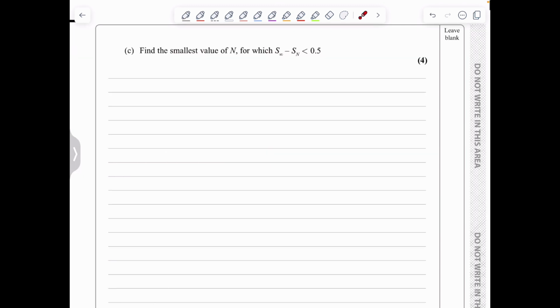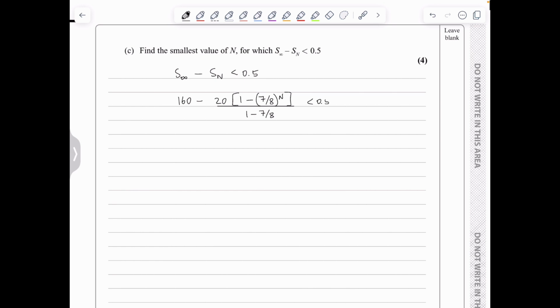In part C, we need to find the smallest value of capital N satisfying the given inequality. So starting with what we are told, I will be substituting quantities that I have already found, where the sum to infinity is 160. The sum of the first n terms is given by 20 times 1 minus 7 over 8 to the capital N over 1 minus 7 over 8, and all of this should be less than a half.